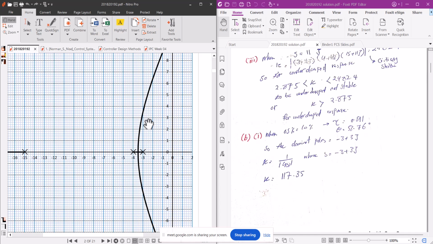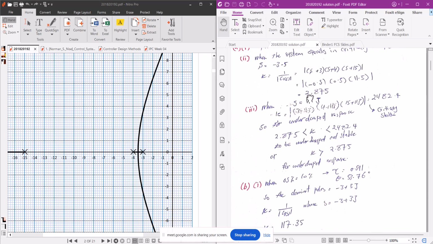And now, how to find the gain at this point? Simple: K is equal to 1 over the magnitude of G(s). Put here minus 3 plus 3j. When you put minus 3 plus 3j, the minus 3 will be cancelled, you get minus 3j, and here you will get 1 minus 3j, minus 3 plus 3j, so you get 1 plus 3j, and s plus 15 gives 12 plus 3j.